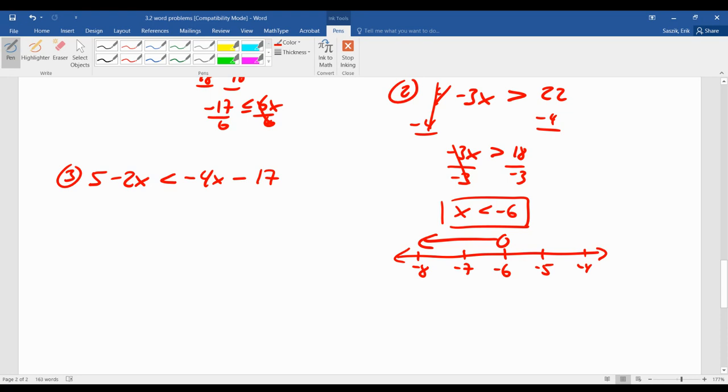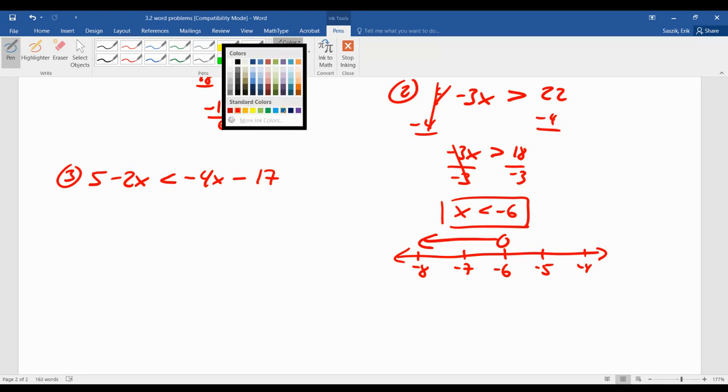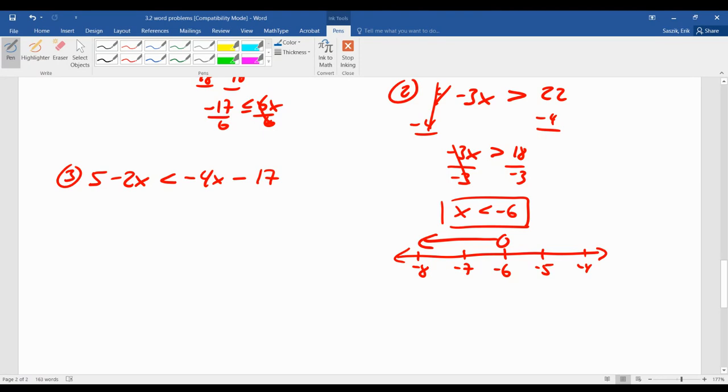Okay. So I'm hoping you're realizing that I like to get the x's on the side where they're positive. Really, it doesn't matter which side you put them on, but I'm going to move them over here. And at the same time, I'm going to move this 5 over here. So this becomes 2x. This becomes negative 22.